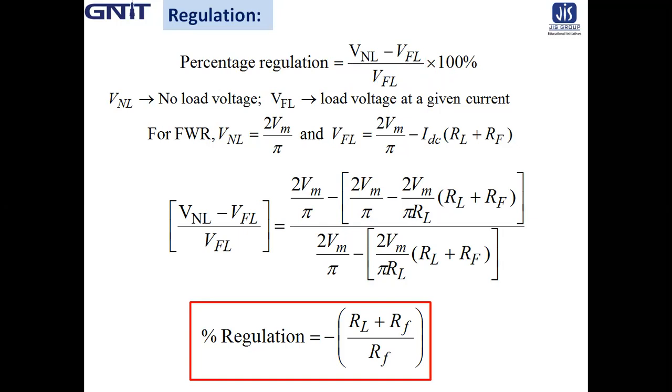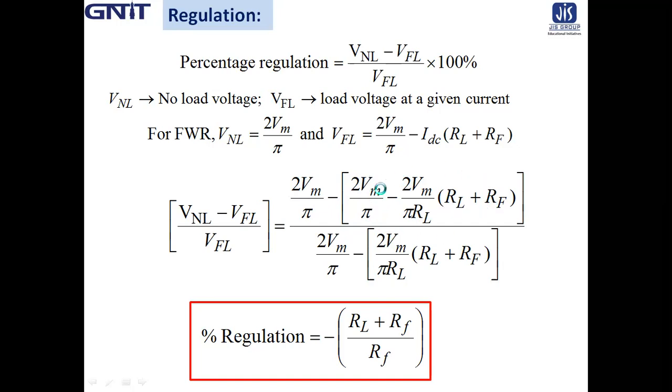So for a full wave rectifier, VNL equals 2Vm by pi and VFL equals 2Vm by pi minus IDC into (RL plus RF). Therefore, (VNL minus VFL) by VFL equals: this part is VNL and this part is VFL.